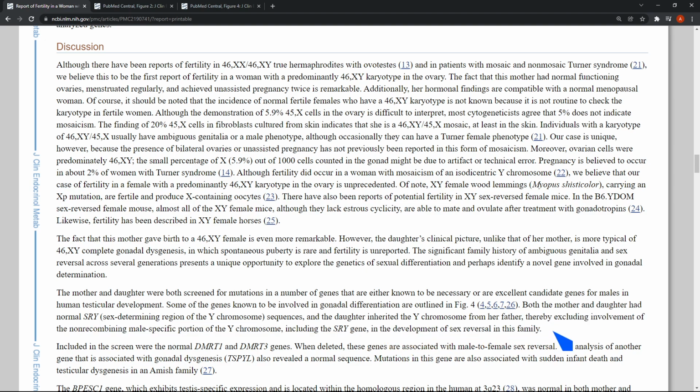So there was no obvious sign of weirdness in the meiosis.